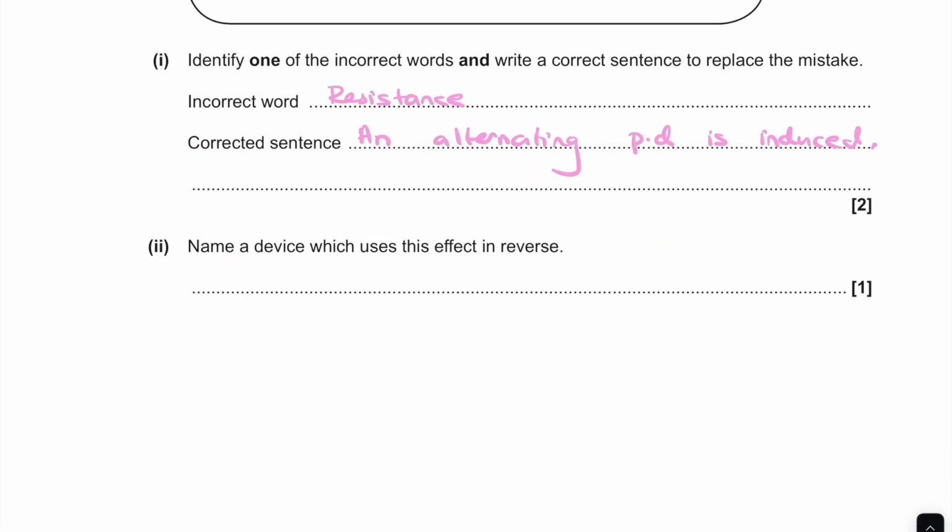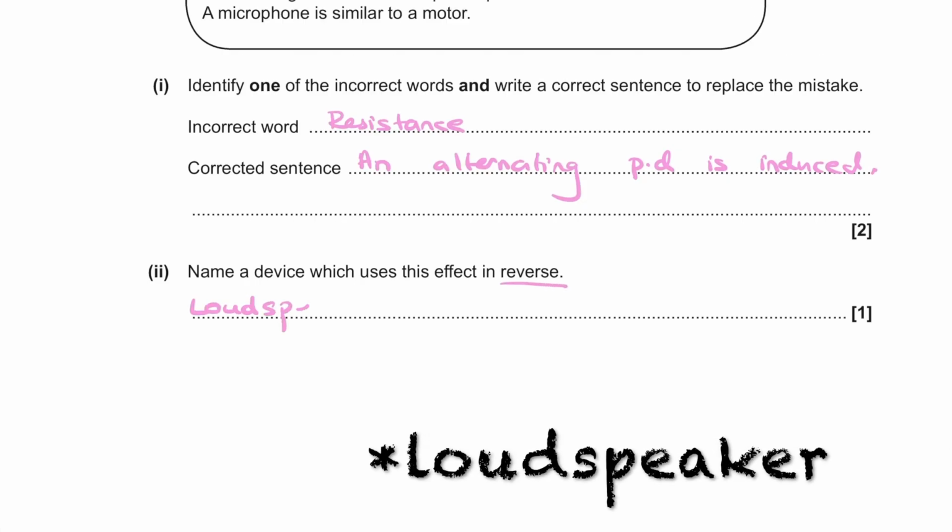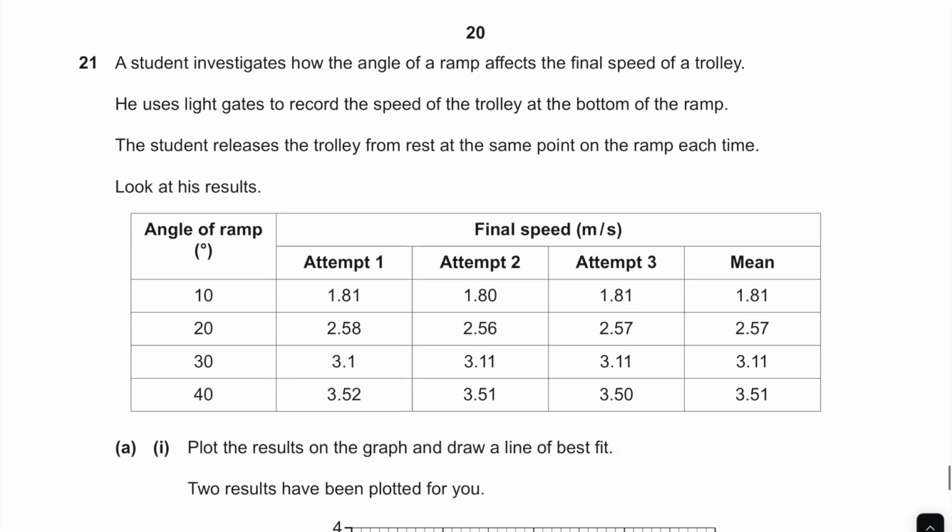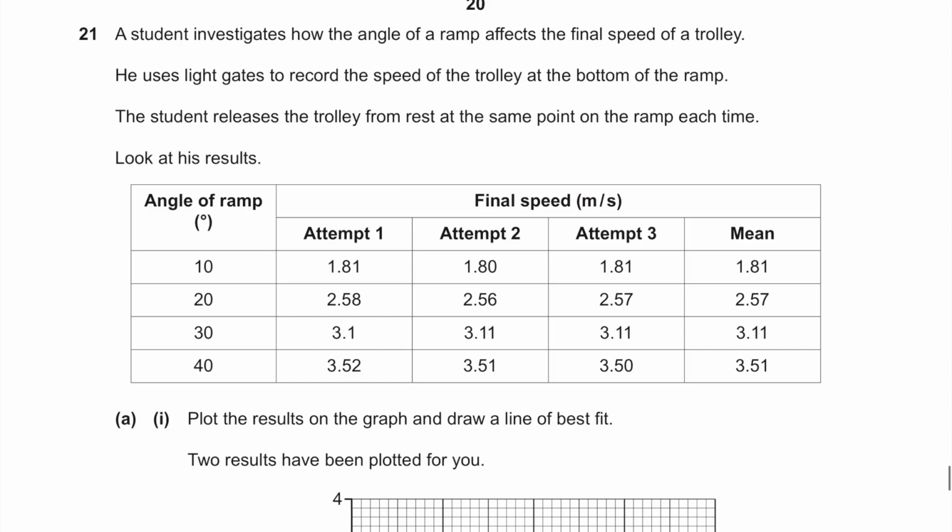Name a device which uses this effect in reverse. That would be the loudspeaker. Question number 21. A student investigates how the angle of a ramp affects the final speed of a trolley. And we've been given that he uses light gates to record the speed of the trolley at the bottom of the ramp.